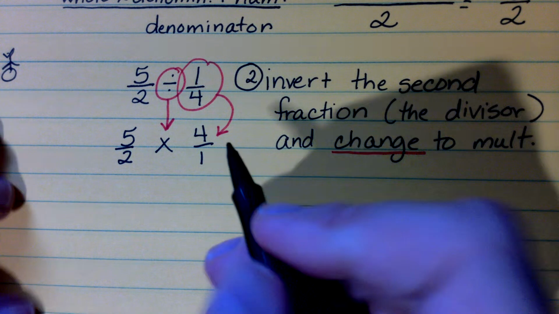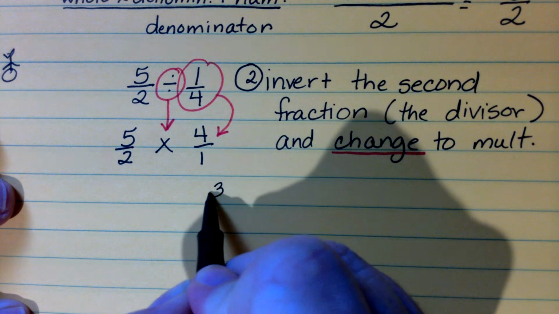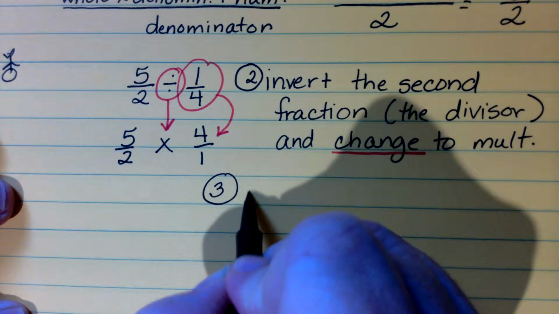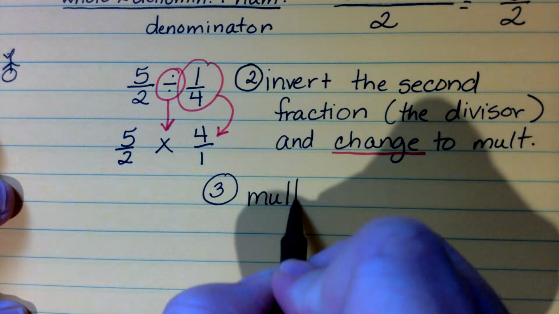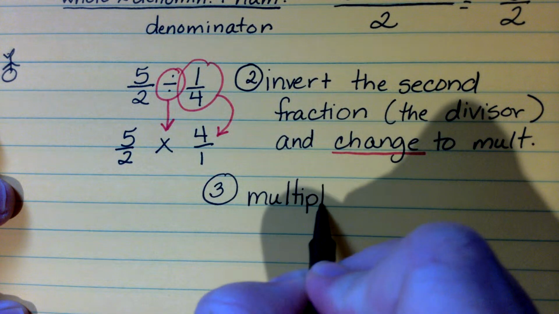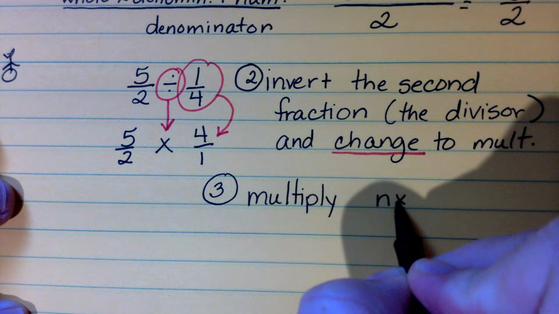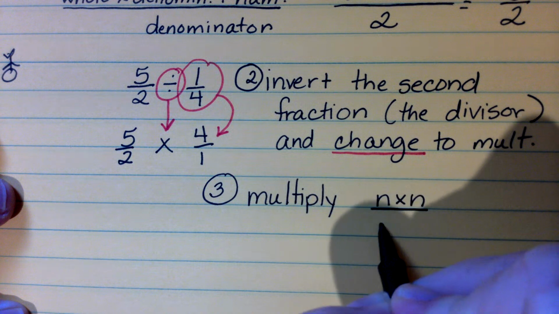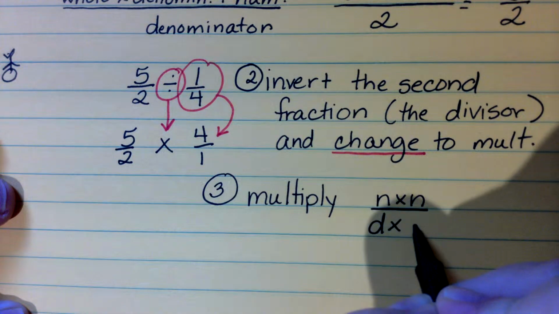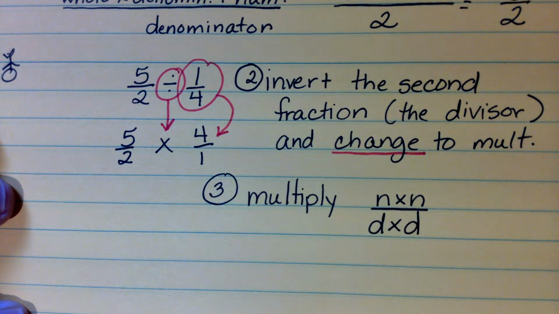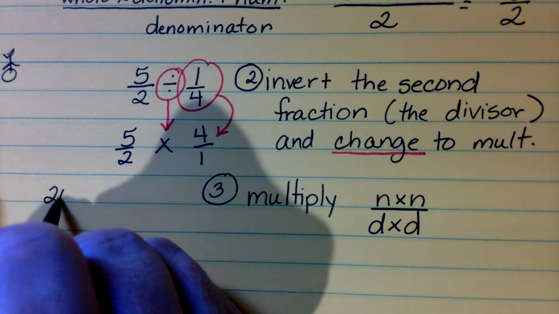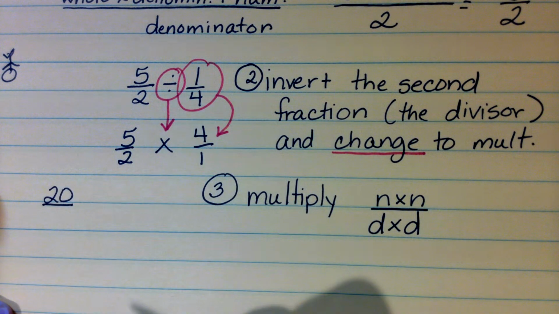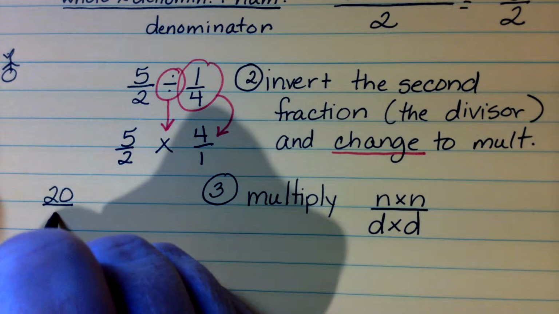Step 3 is to multiply. Numerator to numerator, denominator to denominator. And I am abbreviating those, n times n and d times d. So we have 5 times 4, which equals 20, over 2 times 1, which equals 2.